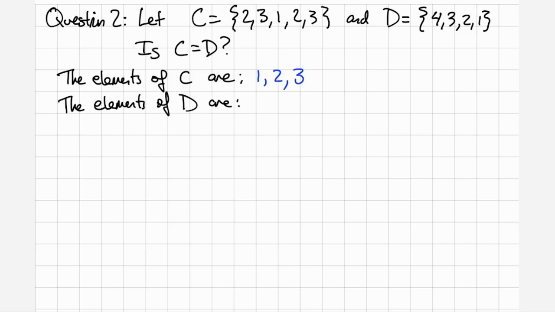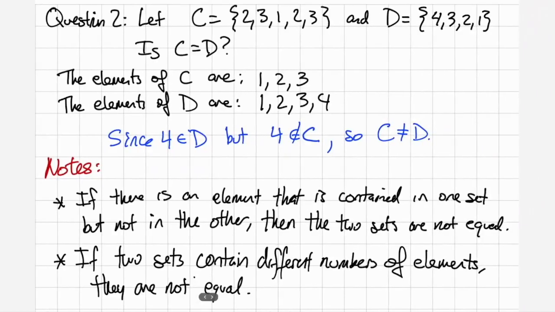What are the elements of capital D? I see a 1, a 2, a 3, and a 4. So since 4 is in D, but 4 is not in C, then we would say that the elements are not the same, so C is not equal to D.